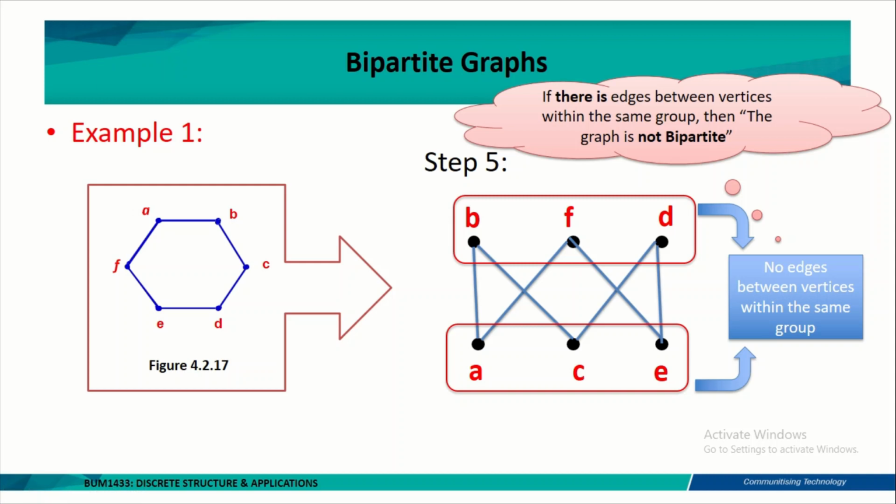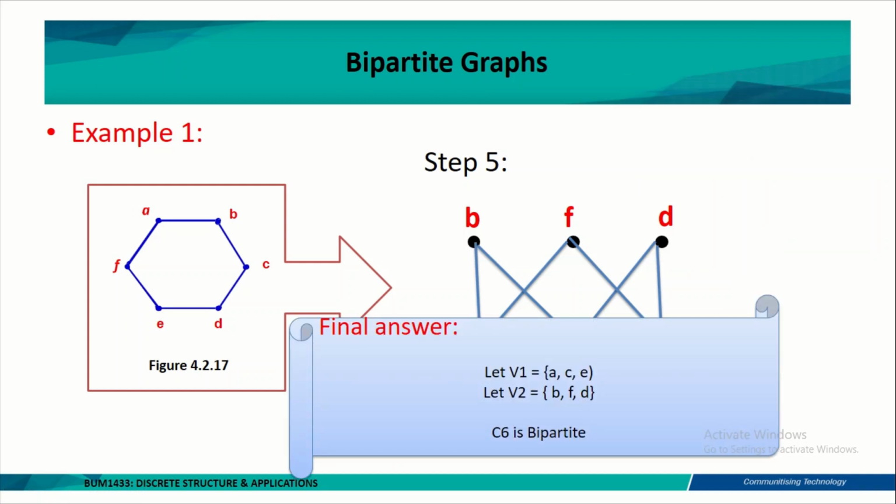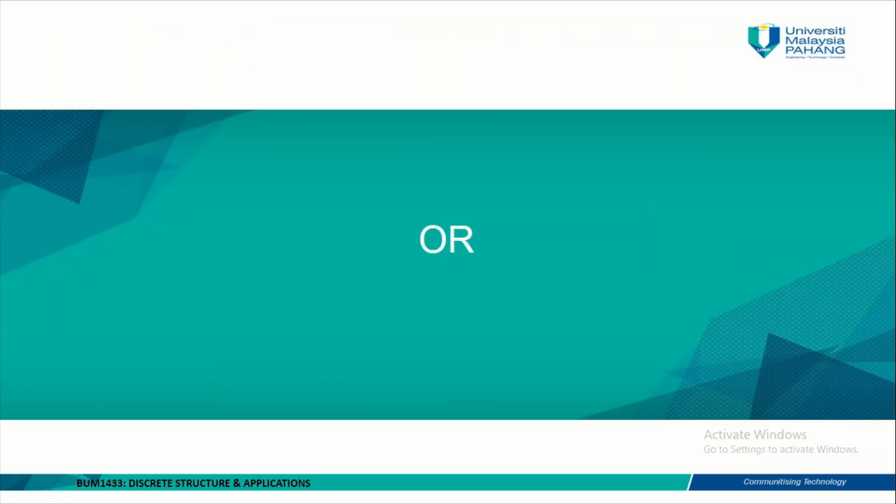If there is an edge within a group, then this is not a bipartite graph. So the final answer is: let V1 equal ACE and let V2 equal BFD. So C6 is a bipartite graph. You need to list down your complete disjoint sets if the given graph is bipartite.